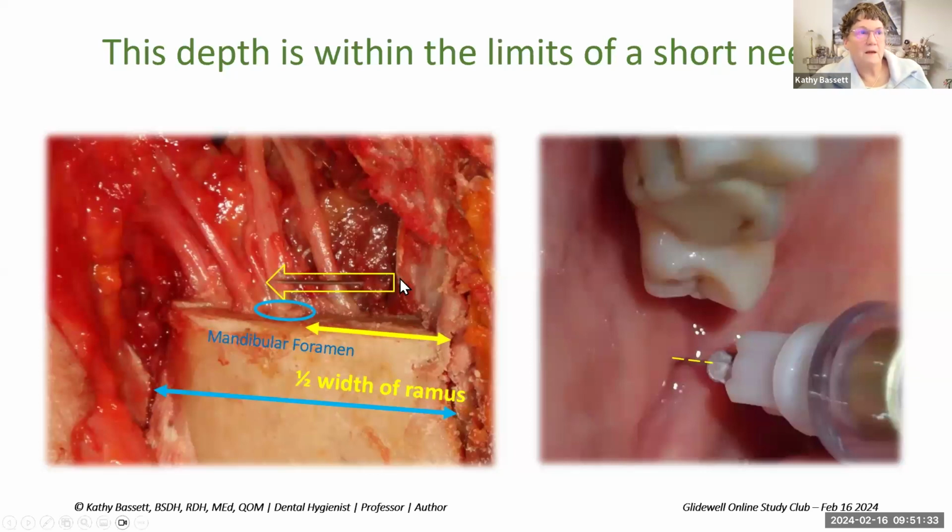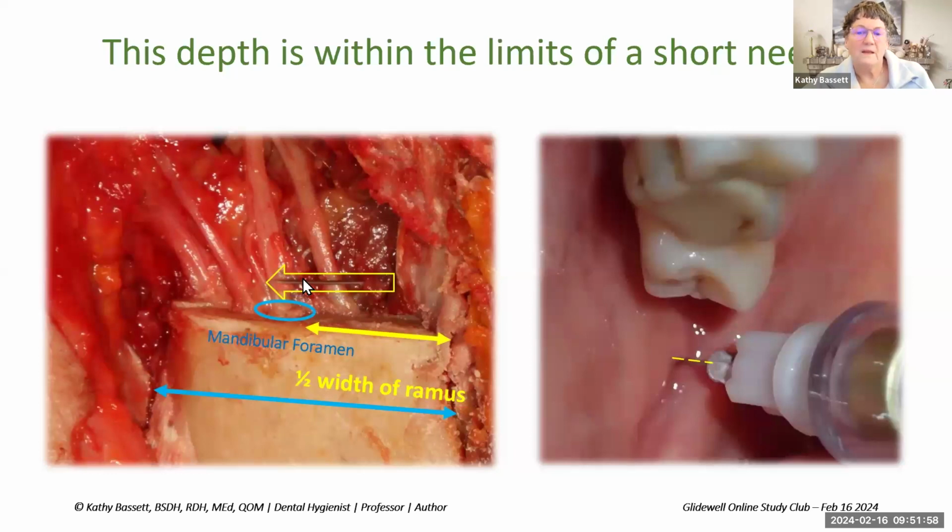You'll see here in the arrow, there's the needle tip, and we are right at the foramen, right adjacent to the needle. We aren't going to move past it. We aren't going to move through it. We aren't going to trap it and bump it against the bone as we make that contact with bone. One of the favorite theories in the discussions of paresthesia these days is that it's a trauma-related event.